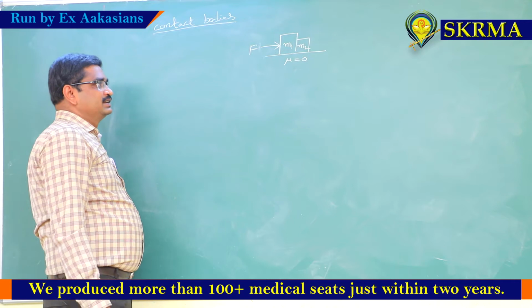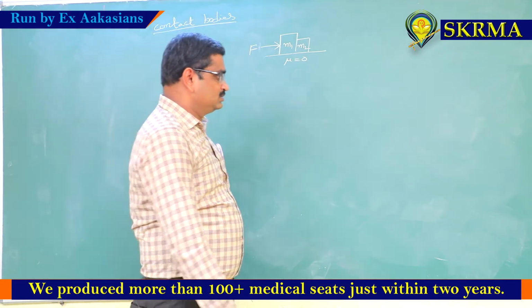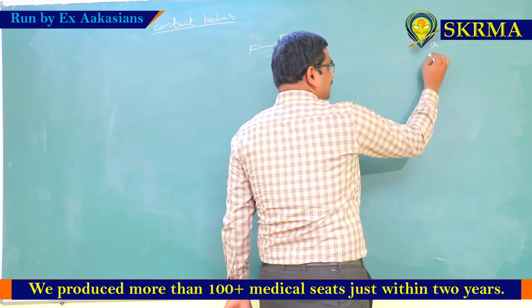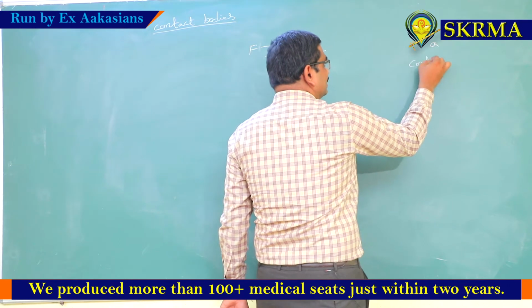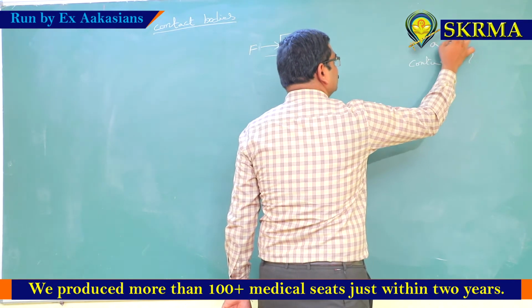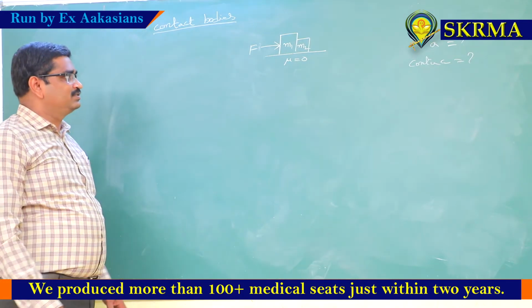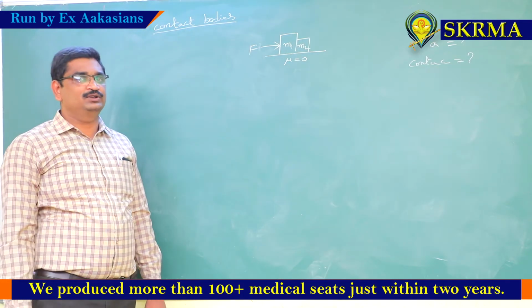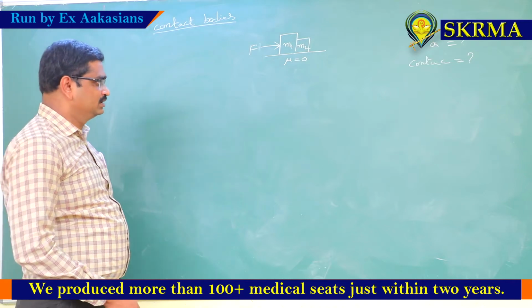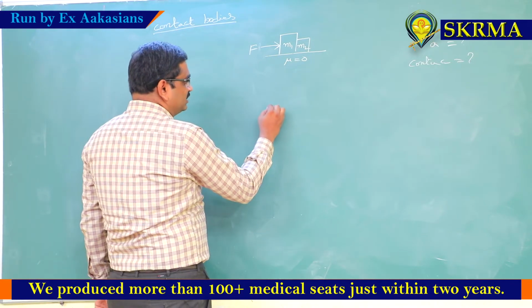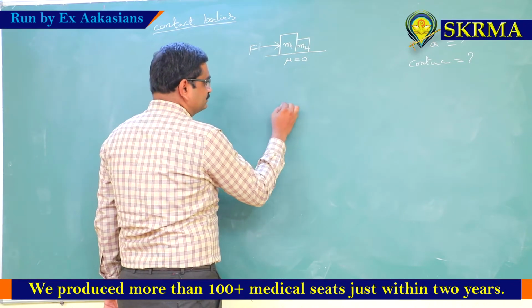Now we need to calculate two quantities: one is acceleration, the other is contact force. For this type of objects, first we need to draw the free body diagram, so the free body diagram for M1 mass.